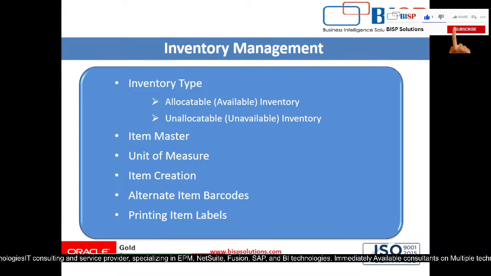And in the same way, we have the unit of measure. Oracle Cloud supports four units of measure: case, pack, unit, and LPN. We will see them whenever we create the item. Our next task is item creation, so at that time we'll see case, pack, unit, and LPN, right? Case refers to the physical boxes, right?